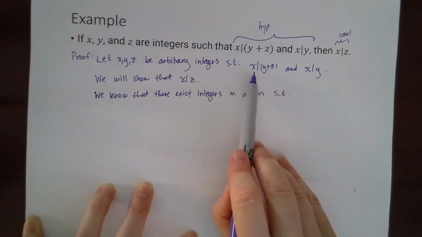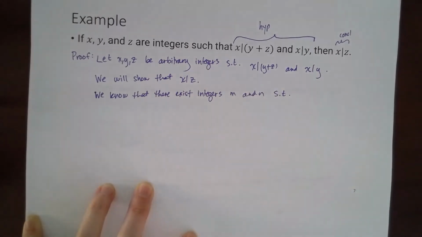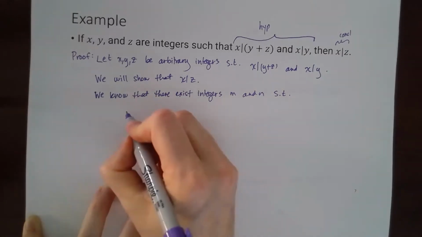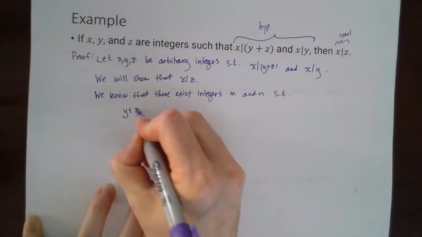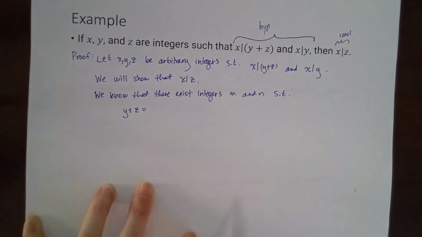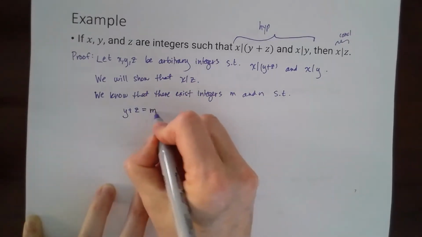Okay, so first of all, what does it mean that x divides y plus z? What's the definition of that? How do I know when something divides something else? Yeah, so I can take y plus z and write that as a multiple of x, right? So I can write y plus z as some integer, which we're going to call m, times x.